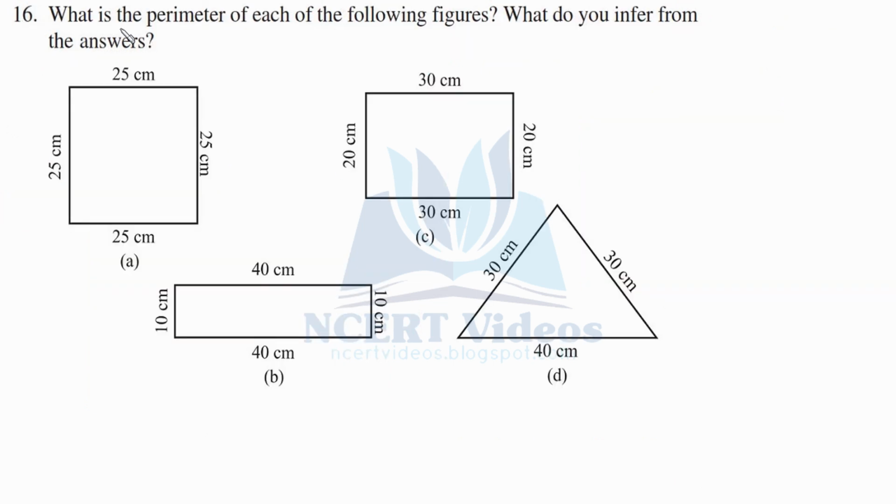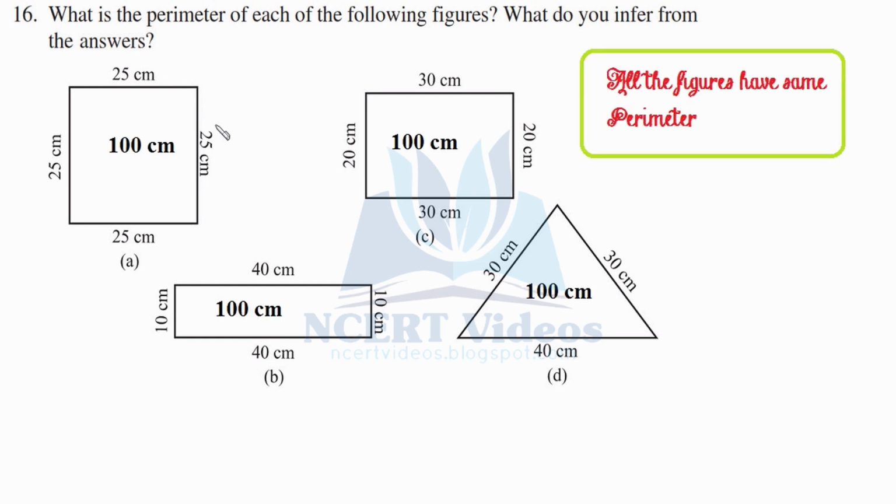16. What is the perimeter of each of the following figures? What do you infer from the answers? Now you can see here 25 into 4 times, it is a square, 25 into 4 is 100 centimeter. So you get 100 centimeter perimeter. Now here you can see it is a rectangle, so you can simply add it. 30 plus 20 gives you 50, 50 plus 30, 80, 80 plus 20 is again 100 centimeter.